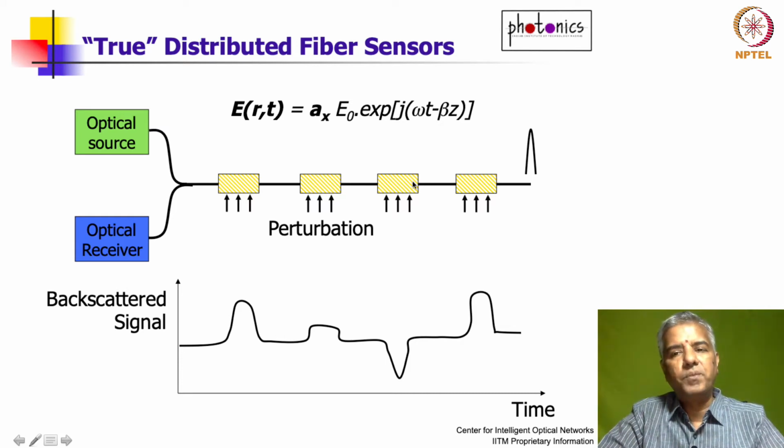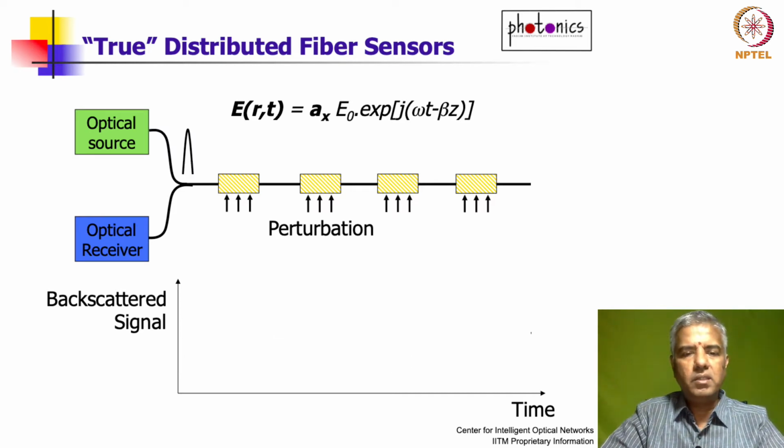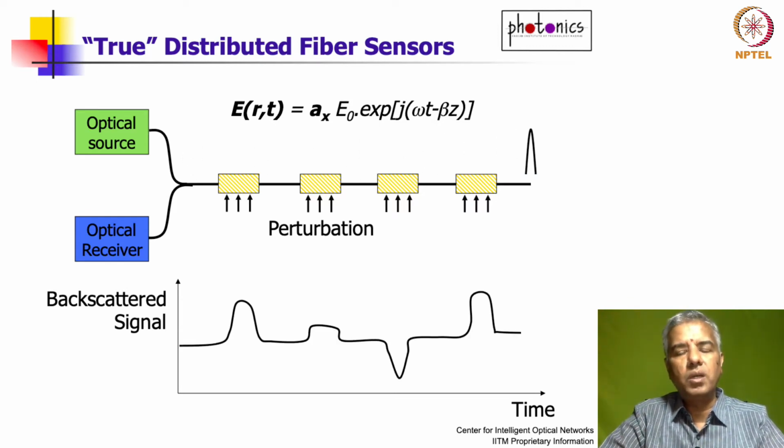That is what we mean by a true distributed sensor, because in this case the perturbation can be anywhere along the length of the fiber, and because the pulse traverses the entire length of the fiber, you get to find out the backscattered signal at any point along the fiber. And like I said, the x-axis can be converted to distance, so you get a clear map of the perturbation that's happening in the fiber.